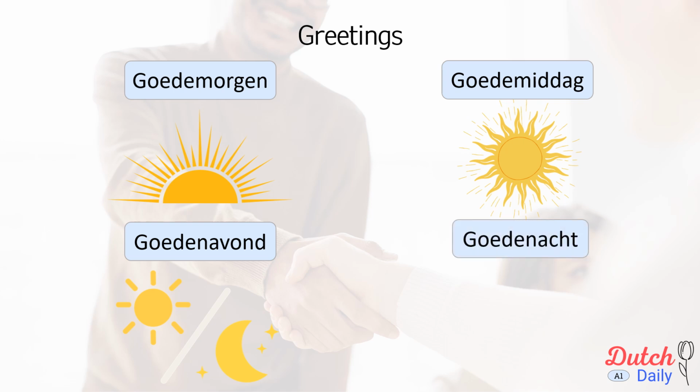When it's night, the Dutch greet each other with goedenacht. Goedenacht means good night. As you can see, all these greetings are a combination of goede, which means good, and a part of the day. So for the extra attentive students, you can already pick out the parts of the day. Morgen, middag, avond, en nacht.